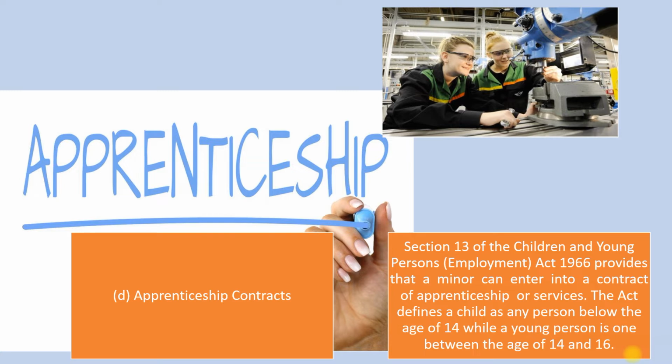So in other words, under the contract of apprenticeship or contract of employment, as far as the law is concerned, it permits a young person, a minor below 18 years old, to enter into an employment contract or apprenticeship, whatever it's called.